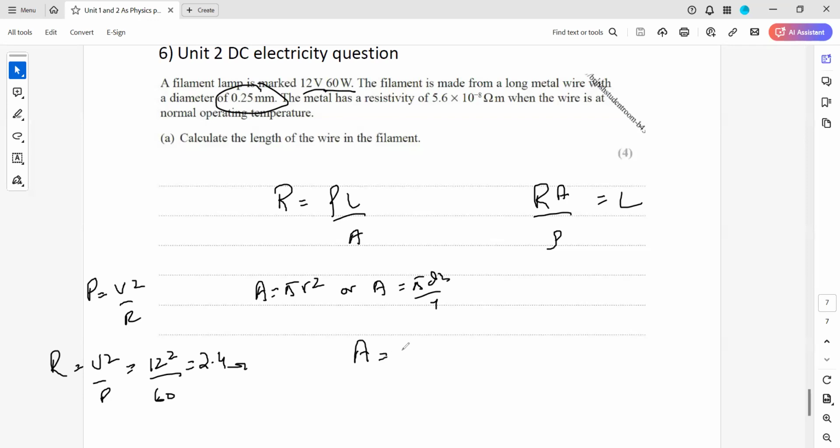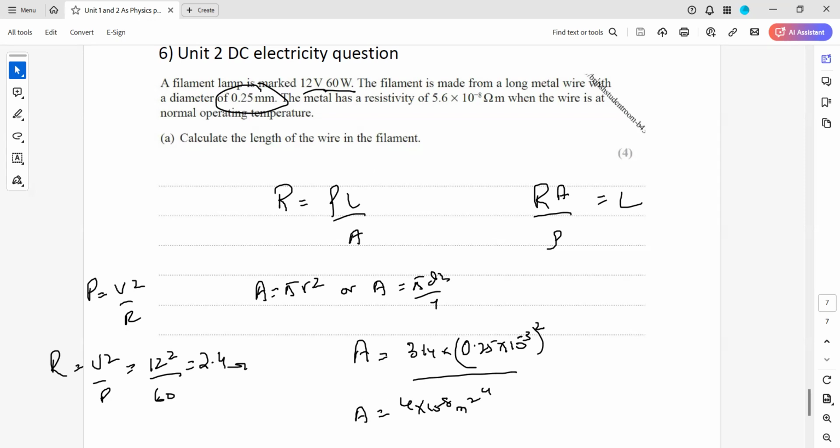So area is equal to pi, which is 3.14, times 0.25 divided by 1000, meaning exponent minus 3, squared, divided by 4. This gives the cross-sectional area of the wire, which is 4 into 10 to the power minus 8 meter square.